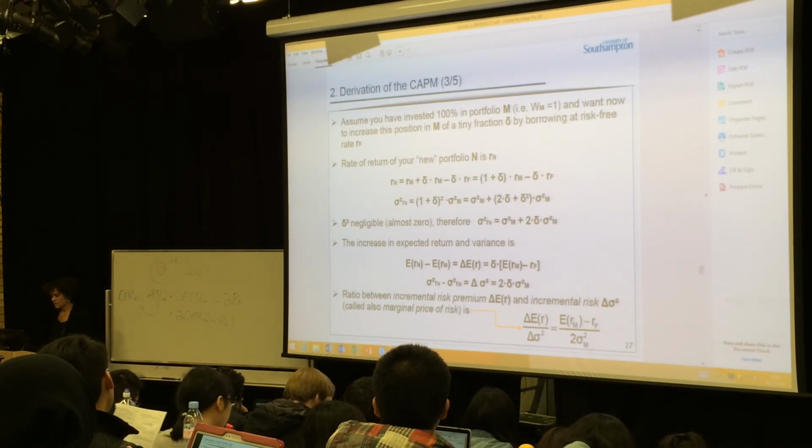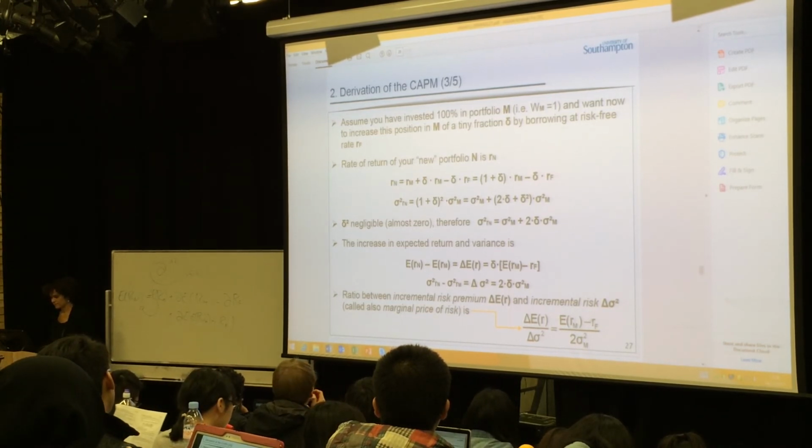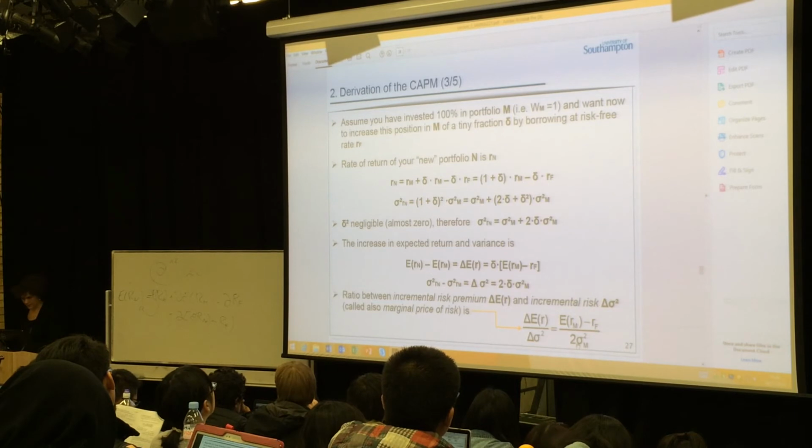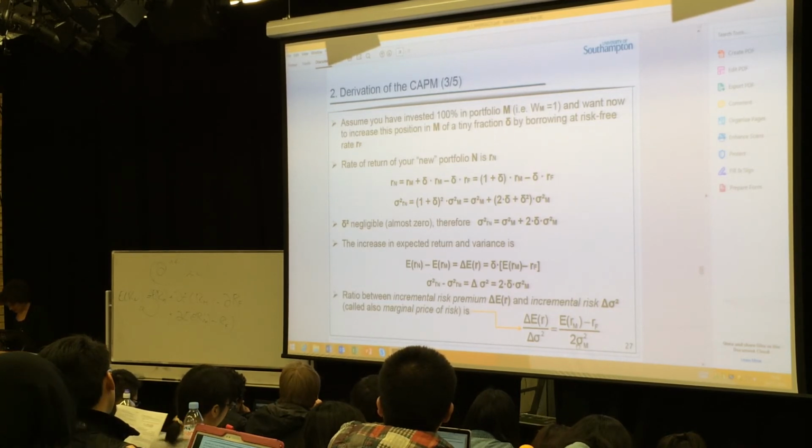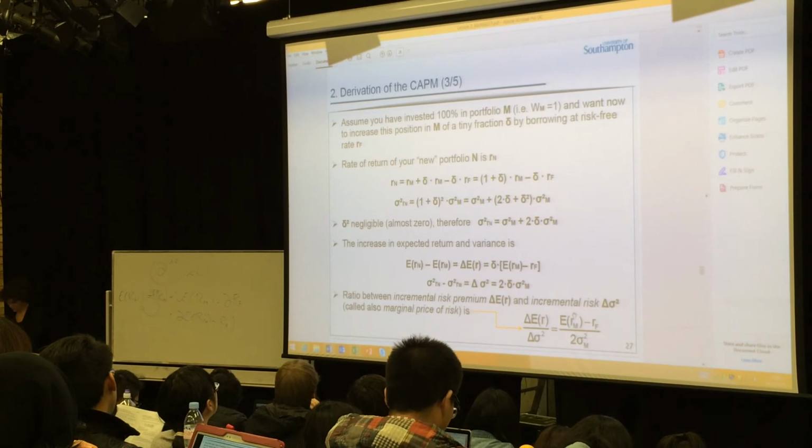And what is this guy here? What is, how do you call that ratio there? Marginal price of risk. Yeah, but how did we call it in the past? What is this? It looks familiar to you.